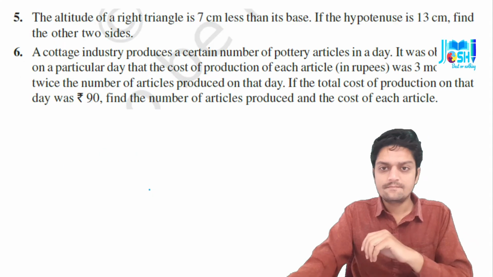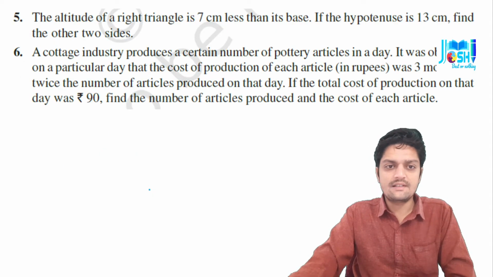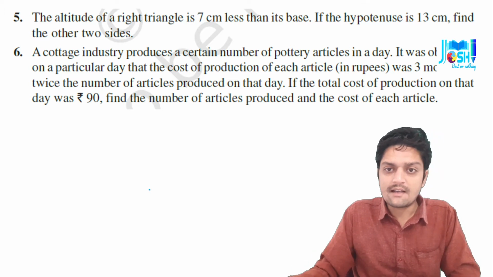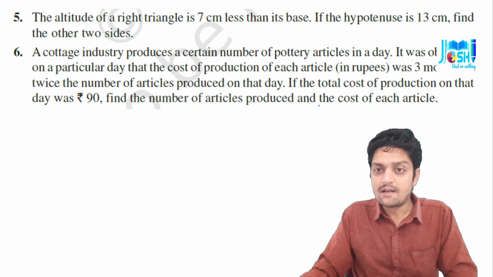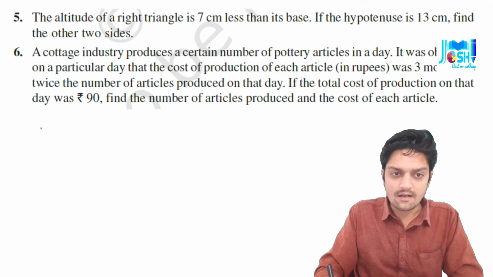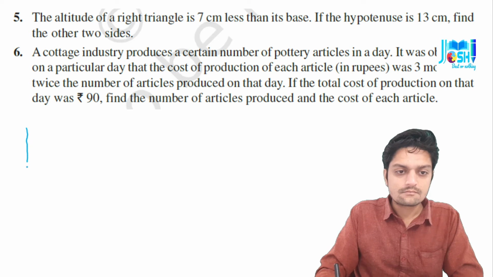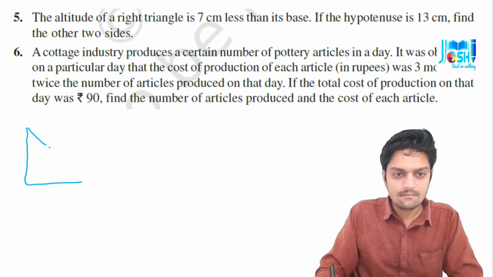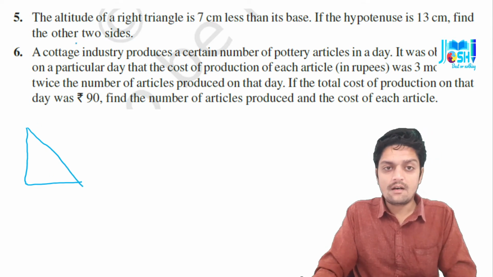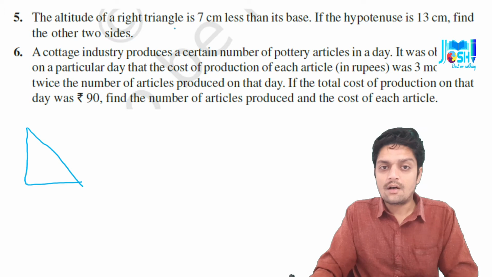Now see, fifth question is there. The altitude of a right angle triangle is 7 centimeter less than its base. Let me draw here a right angle triangle. As you can see here, this is a right angle triangle, and the altitude is 7 less than its base.